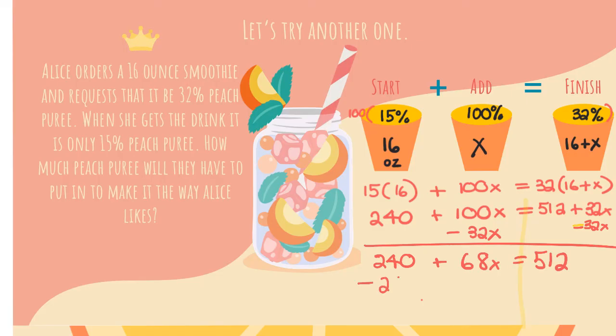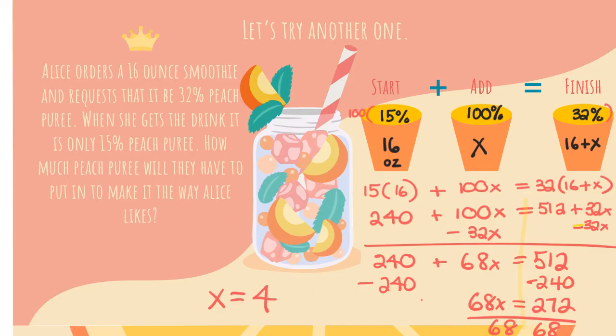I'm now going to subtract 240 from both sides, and get 272. 68x equals 272. Last step, divide by 68 on both sides. And I get 4. What does that mean?